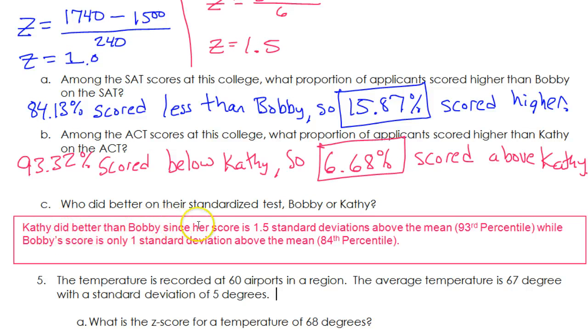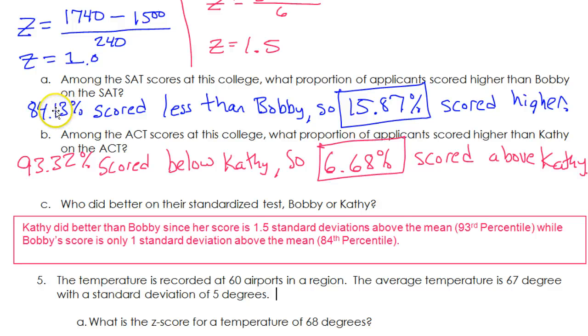Kathy did better than Bobby since her score is 1.5 standard deviations above the mean, 93rd percentile, while Bobby's score is only 1 standard deviation above the mean, 84th percentile. Now there's that word percentile. This number is coming right off of that table. It's the first number we saw when we looked up Bobby's z-score of 1, and we saw that 84% of the people scored less than Bobby.